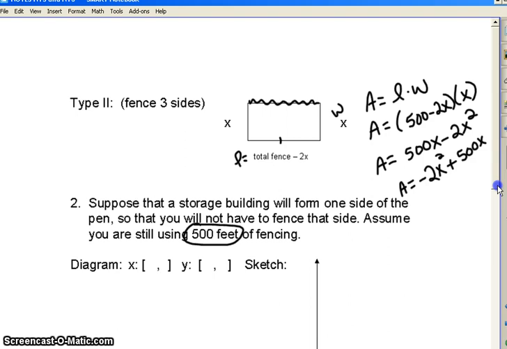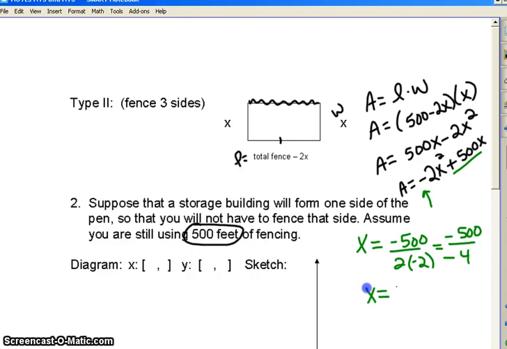Okay, so x, we're going to look for the highest point, the vertex. Okay, x is going to equal negative b, and b is 500, so negative 500 divided by 2 times a, which is negative 2. Okay, that's negative 500 divided by -4.